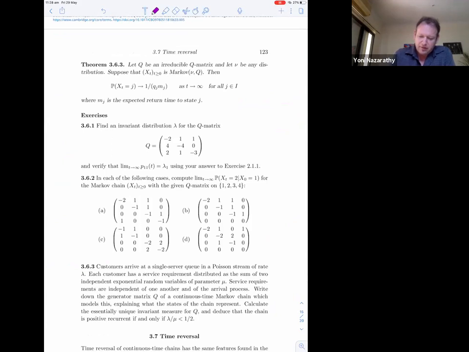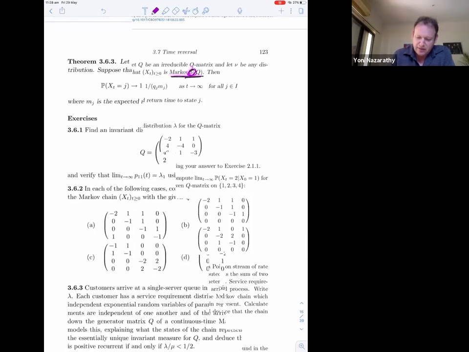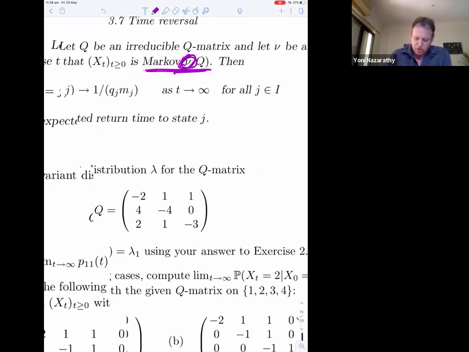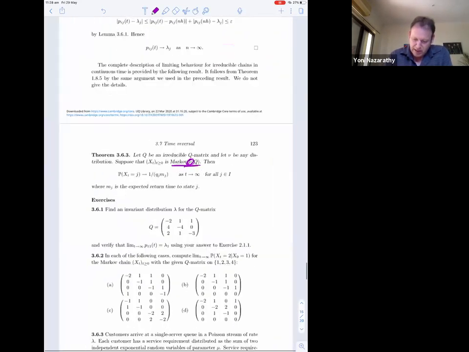The next theorem says the following: let Q be an irreducible Q matrix, and let nu be any distribution. So suppose that you start with any initial condition, that's nu.